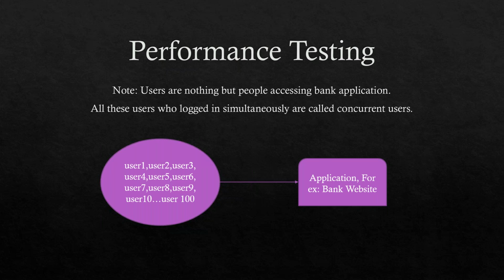In performance testing terminology, an issue is called a bottleneck. Whenever we work on performance testing projects, or if we attend any interviews, we'll be discussing this term called bottlenecks. So that's the high-level introduction of performance testing, and how it is done.